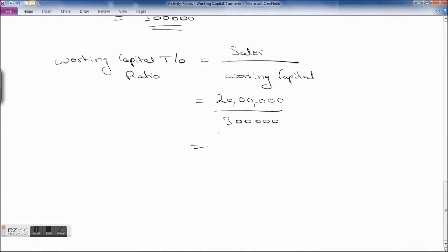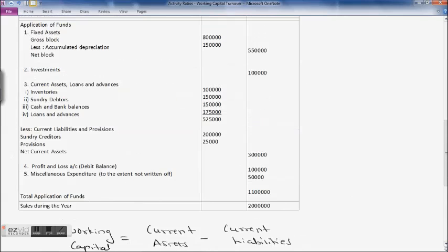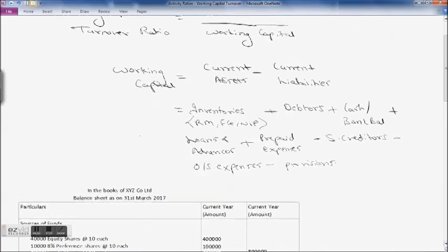So that comes to 6.67. So your working capital turnover ratio is 6.67. That is, your sales is 6.67 times your working capital, so it is higher, right? That implies that working capital is efficiently utilized. So this was about your working capital turnover ratio.